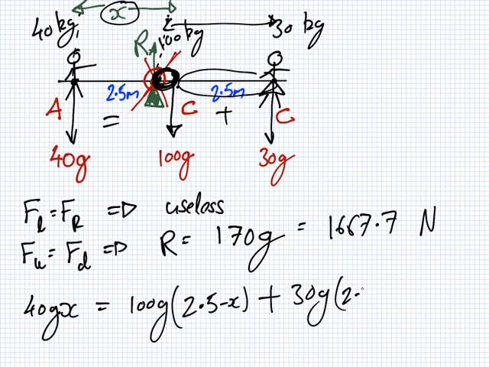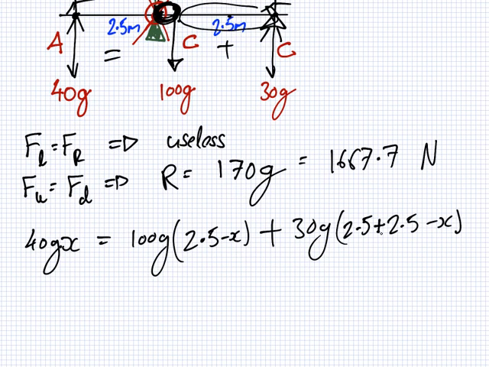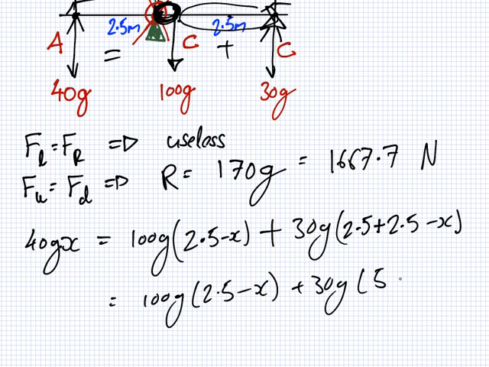If we say it how you were saying it, it's 2.5 plus 2.5 minus x, because we just said a moment ago that distance there is 2.5 minus x. So from here to the girl will be that plus another 2.5, which of course is 5 minus x. Alright, so that's 100g times (2.5 minus x) plus 30g times (5 minus x), and that's 40gx.